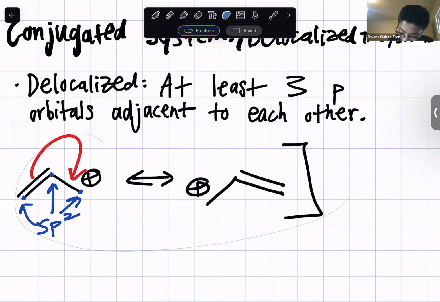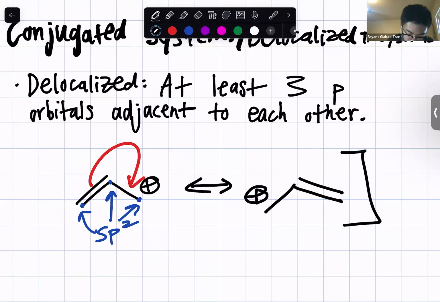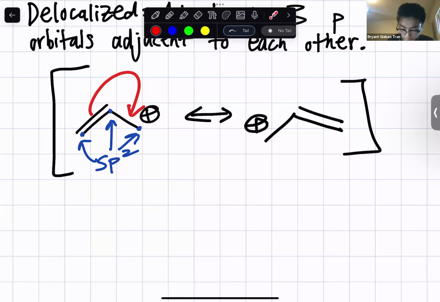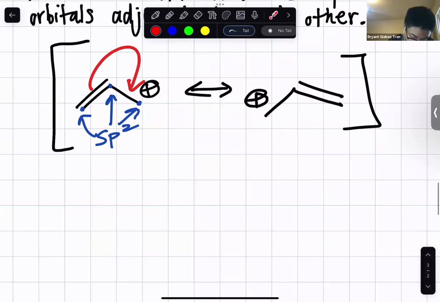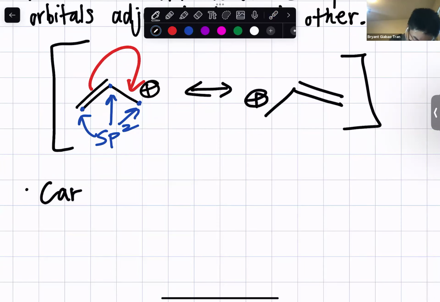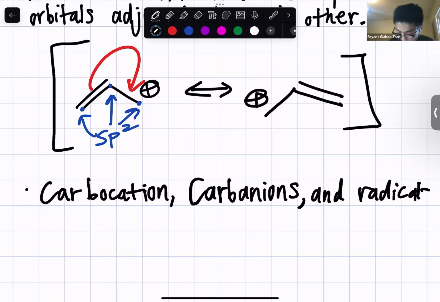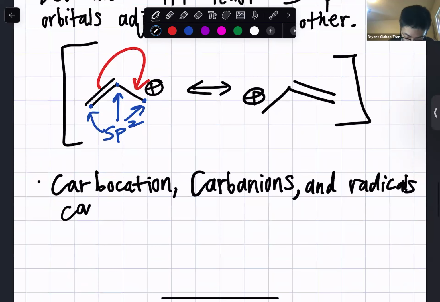Delocalization would increase stability of a molecule because it increases resonance, right? The things that could do resonance are carbocations, carbanions, and radicals.